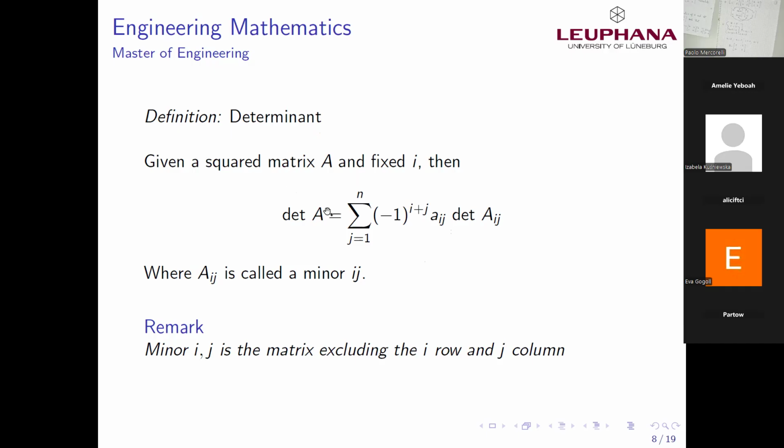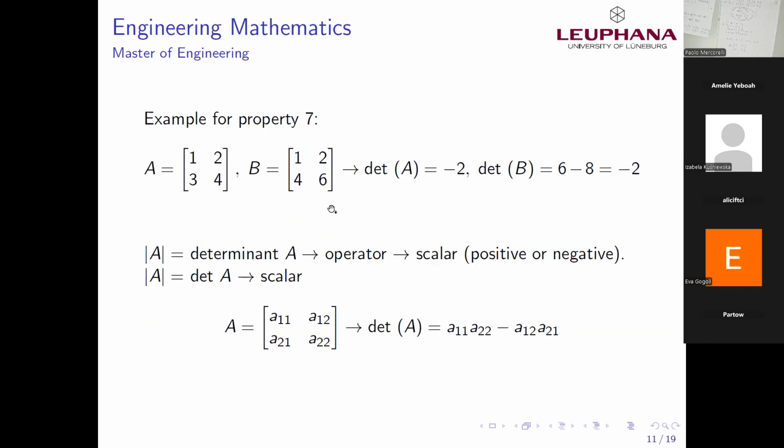This means minus 1 multiplied by a12, which multiplies the determinant of the minor obtained by excluding row i equal 1 and column j equal 2. This means multiplying by a21. Ready?